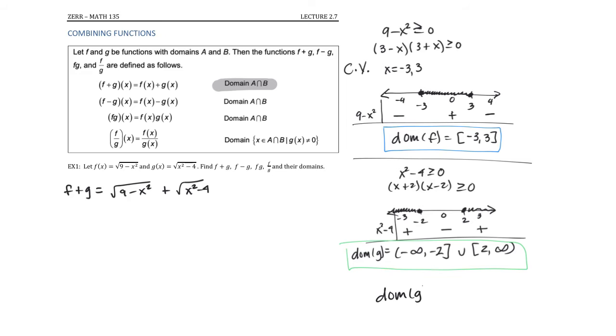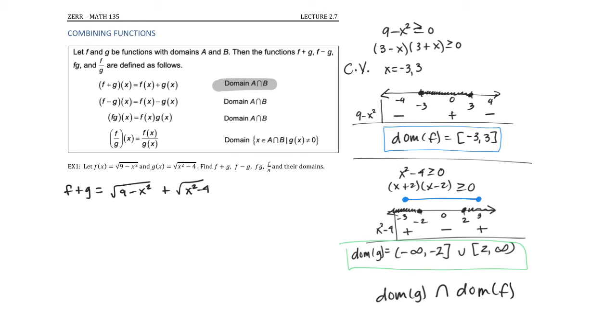Domain of g and domain of f. Well, let's see. Here, our domain of f went from -3 to +3.